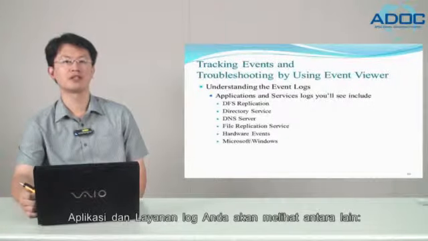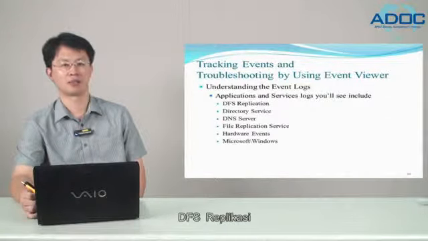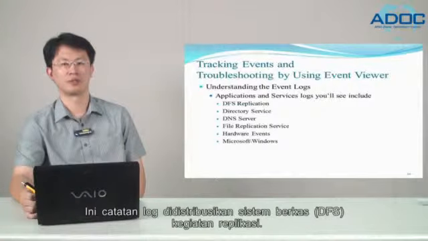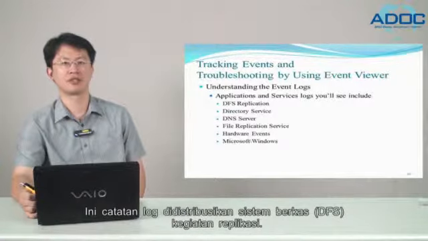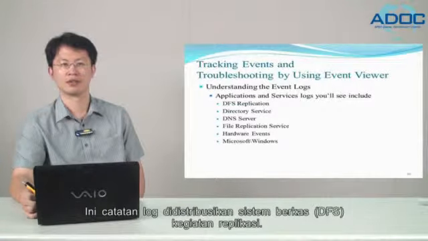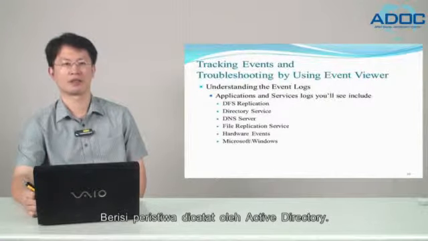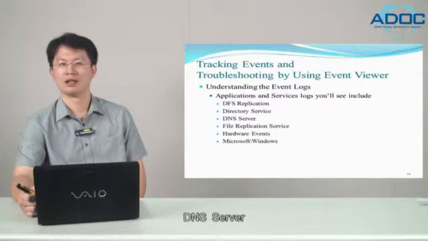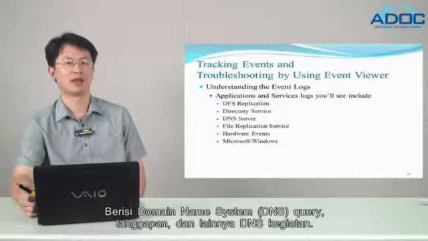The Applications and Services logs you will see include DFS Replication, which records the Distributed File System (DFS) replication activities. Directory Service contains events logged by Active Directory. DNS Server contains Domain Name System (DNS) queries, responses, and other DNS activities.